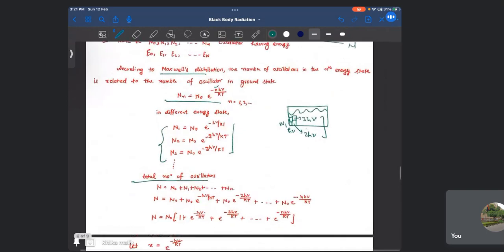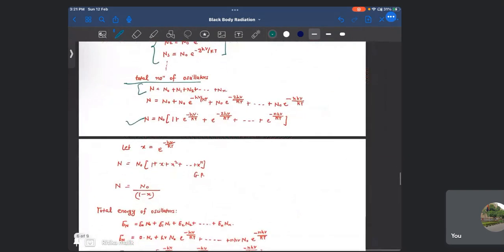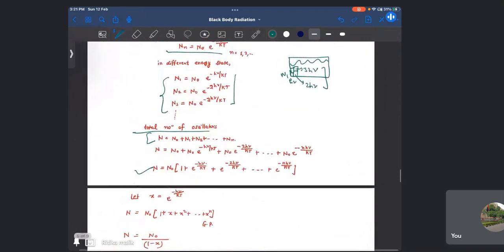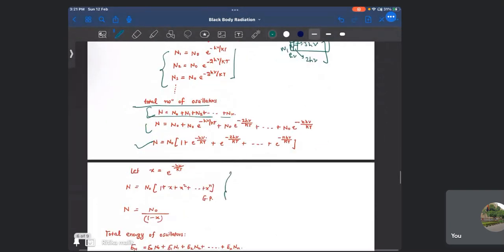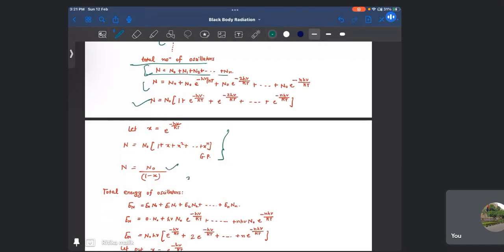Based on how many oscillators we have, we can calculate the total energy as well. By putting in the Maxwell distribution and applying the geometric progression sum, we get the number of distributions. Here x is hν/kBT.